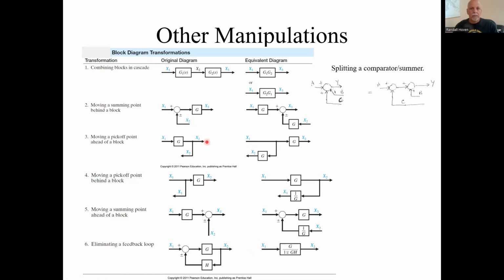If you look at the left side and the right side and do that little bit of algebra, you should convince yourself that these are equivalent block diagrams. You get the same resulting signals. And here's one. You could have more than two signals come into a comparator. You could break it up into two comparators or more.